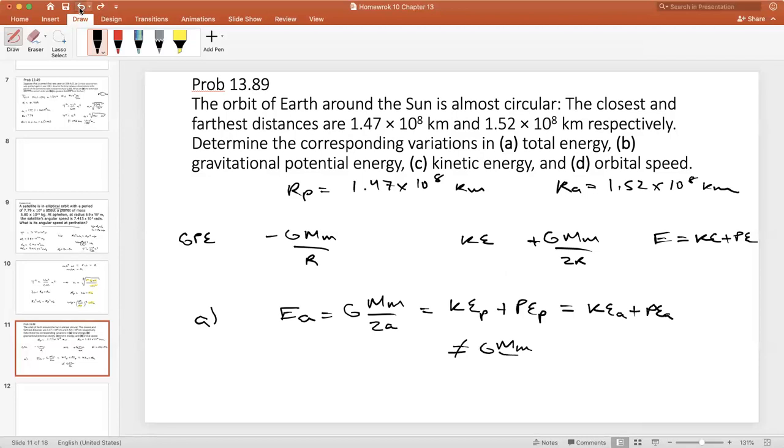In fact, what it equals is GMm over 2RP minus GMm over RP, and this is equal to GMm over 2RA minus GMm over RA.